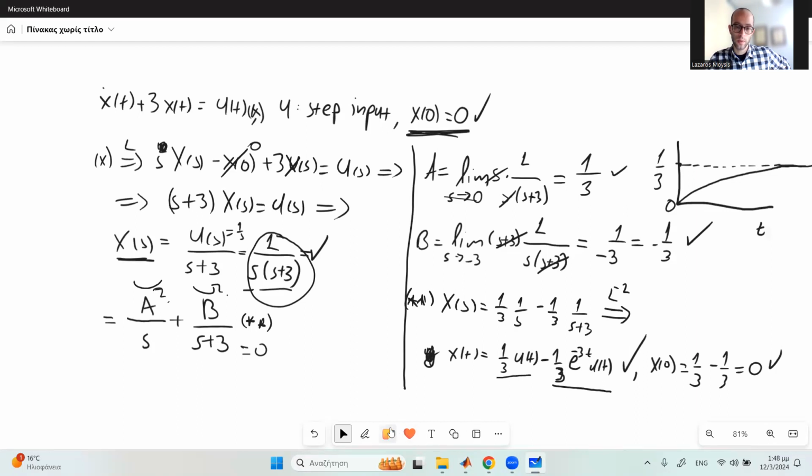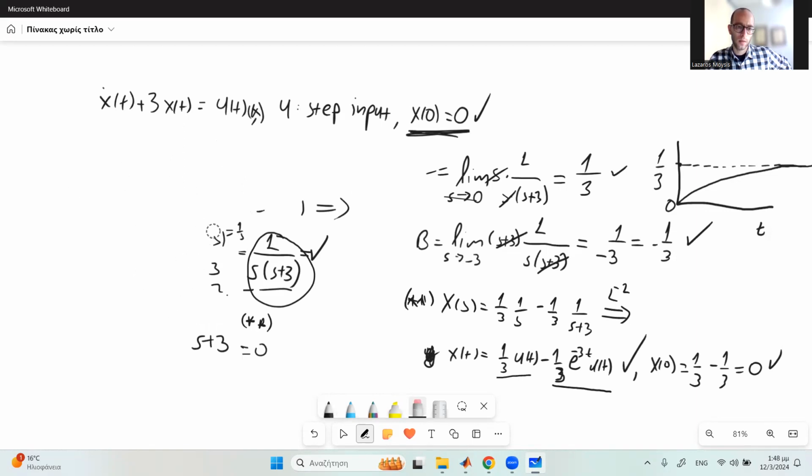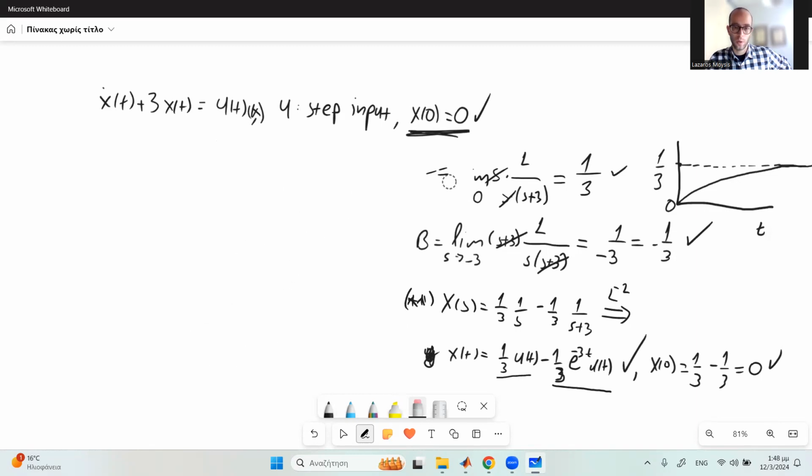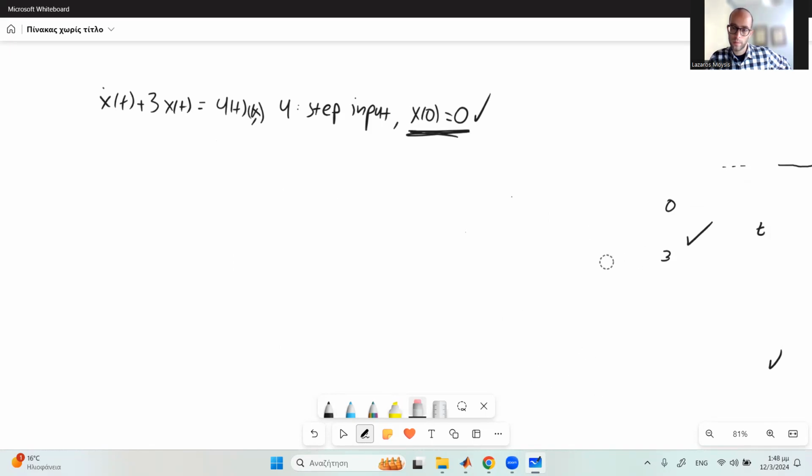So now let me end up with the last question, which is what happens when we have both types of responses. And by that, I mean, what happens when we have a system that is driven by an input?